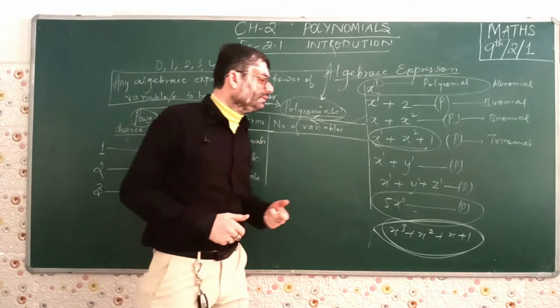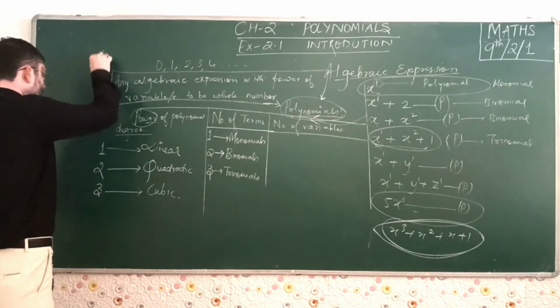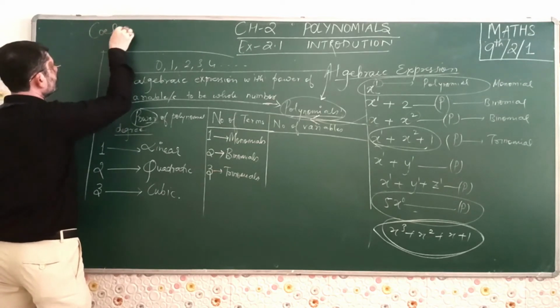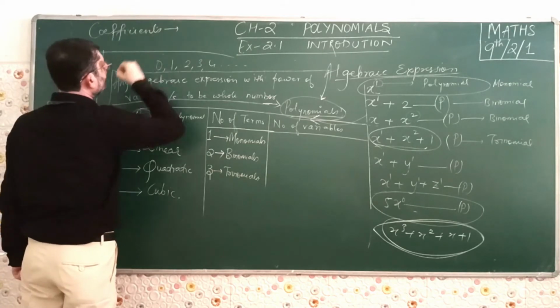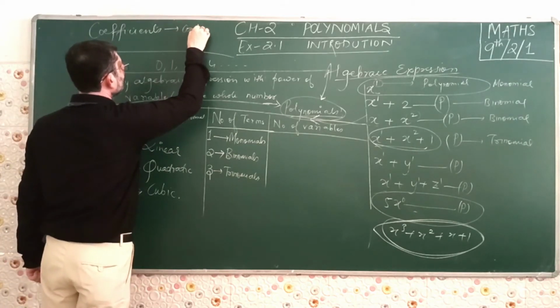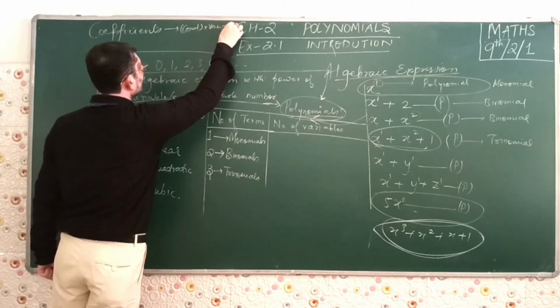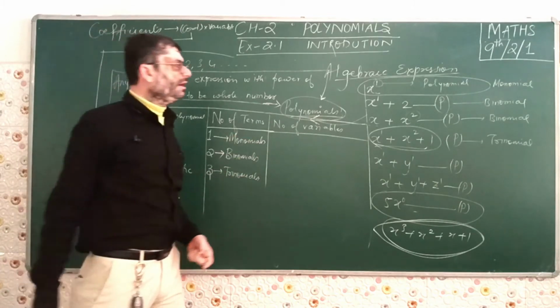Now 2 more things that we will be moving on. One is coefficients. Coefficient is always a constant value multiplied with a variable. If it is given this way, then this constant value is called the coefficient of that variable.